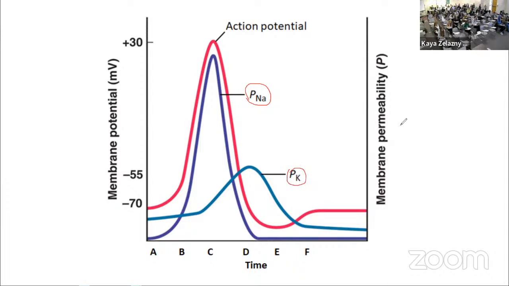So that P is for permeability here. So we could graph the permeability to sodium and potassium versus this red line, which is a red line showing changes to the membrane potential. Specifically, it's showing you what an action potential is. So we'll pick up here next.